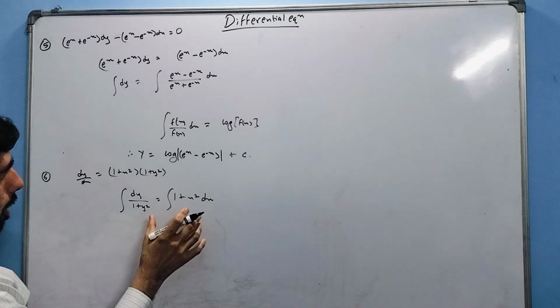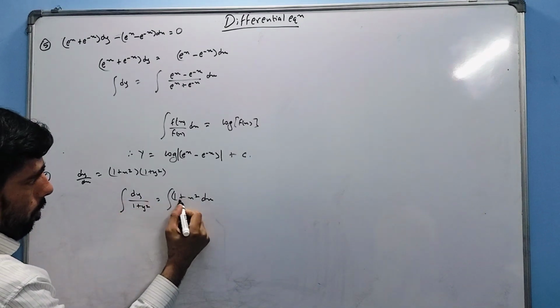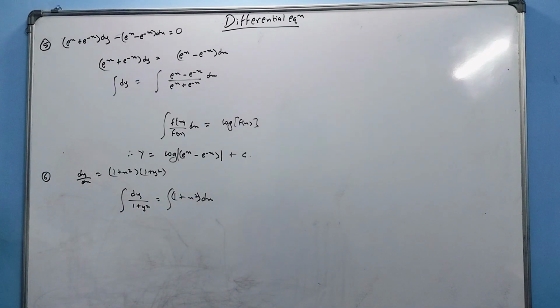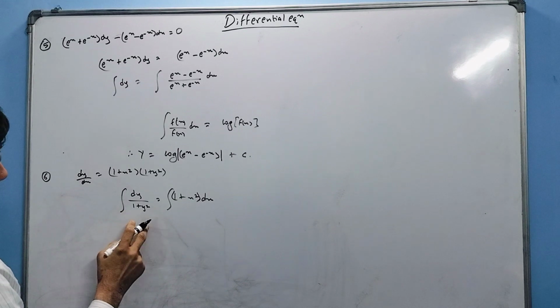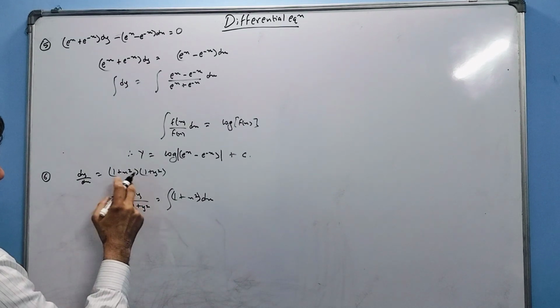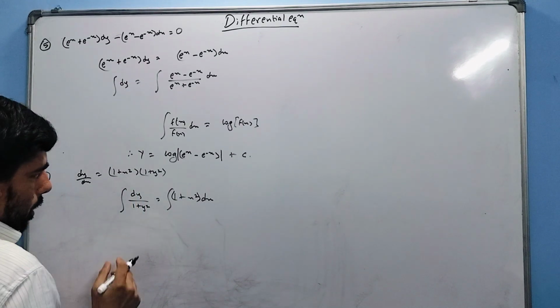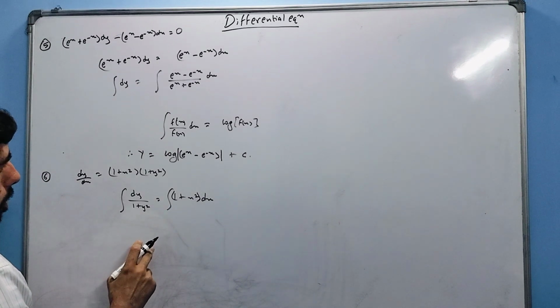Now we have this 1 + x², that is, a² + x². So we'll apply the formula here, and here also we will apply the formula.